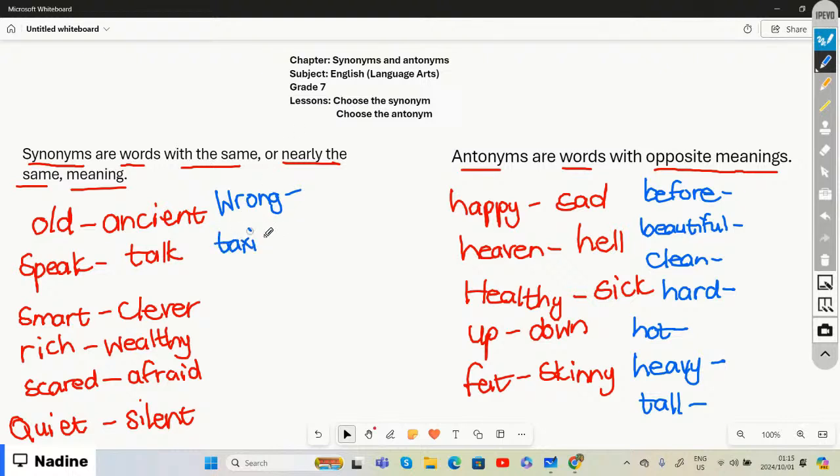Another word for taxi. Another word for sick. Remember the opposite of sick is healthy. Now, what is another word for sick? What is another word for fast?